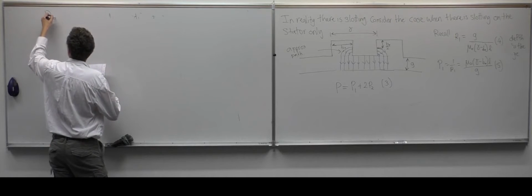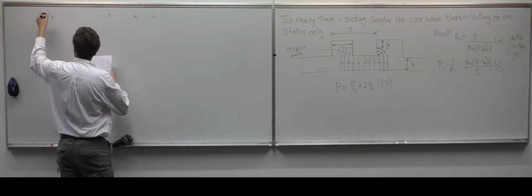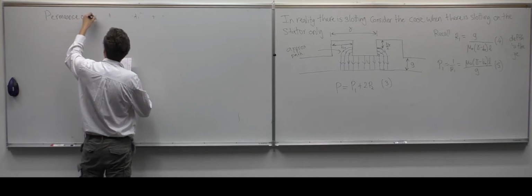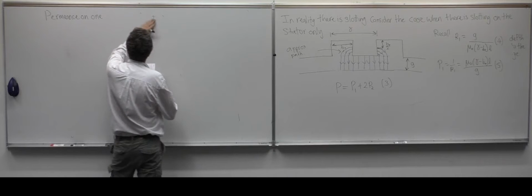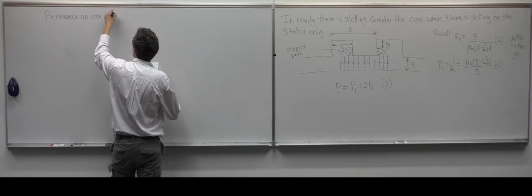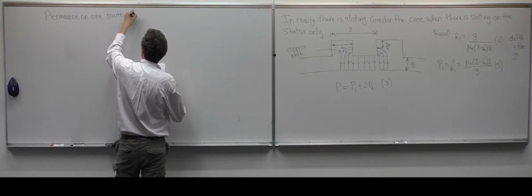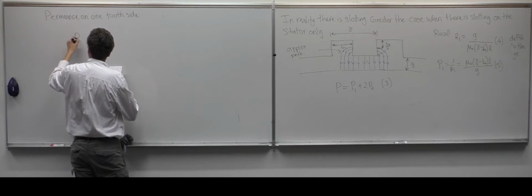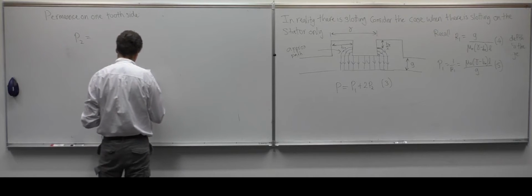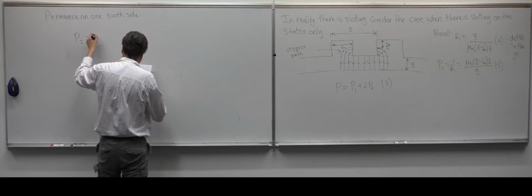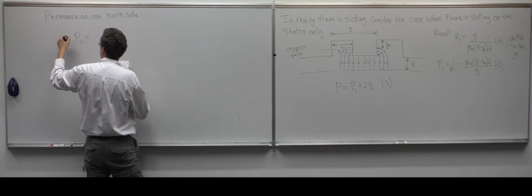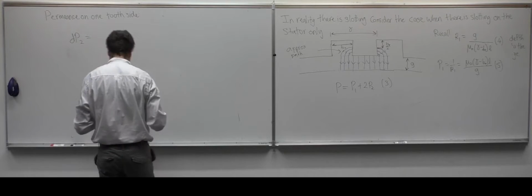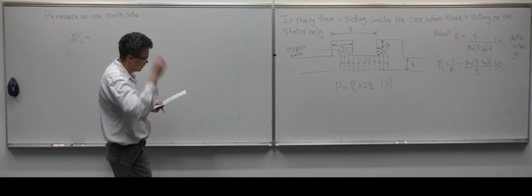So the permeance on one tooth side. P2 is equal to, let's think about this in terms of a small length.